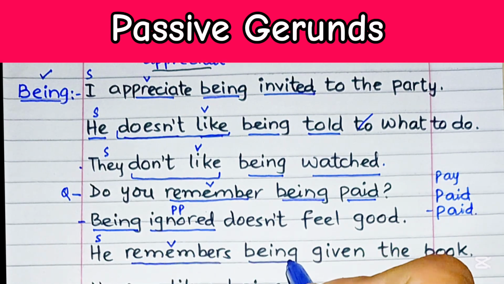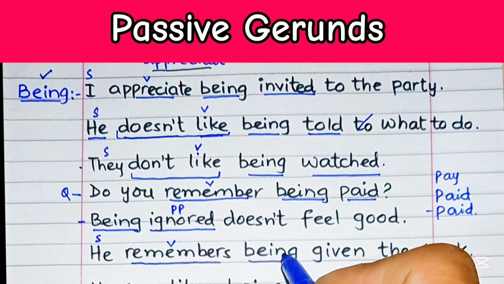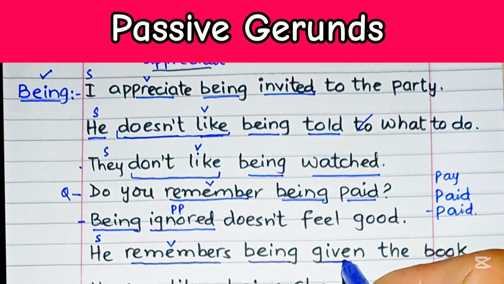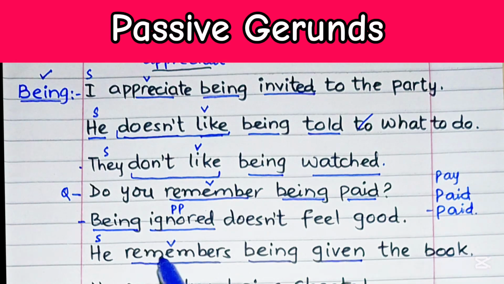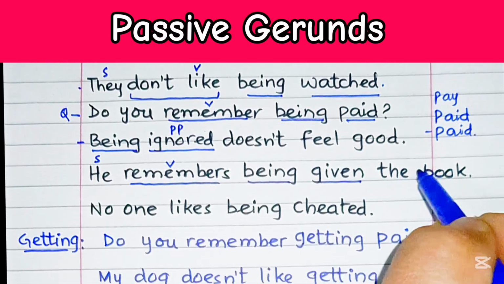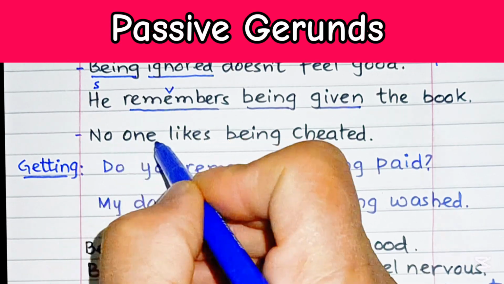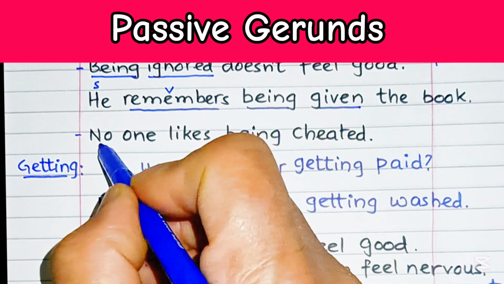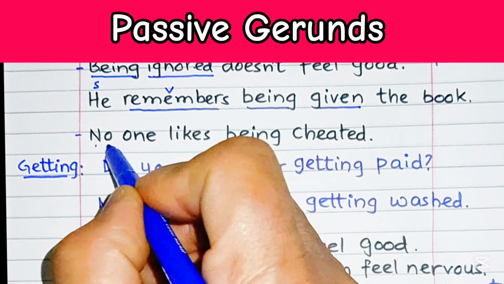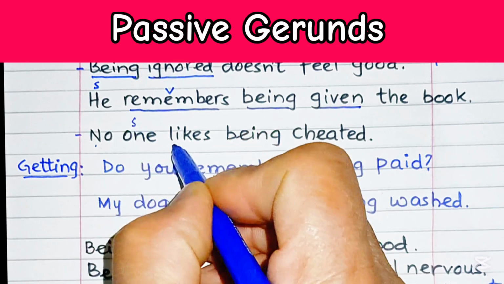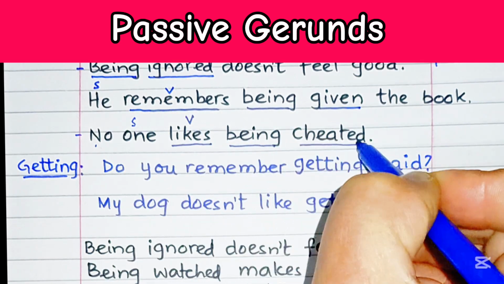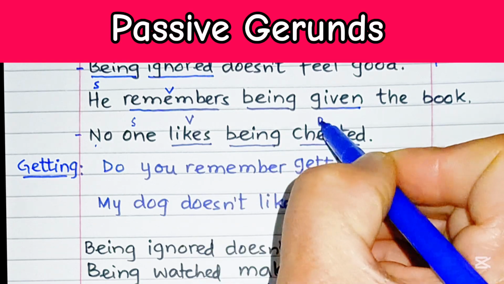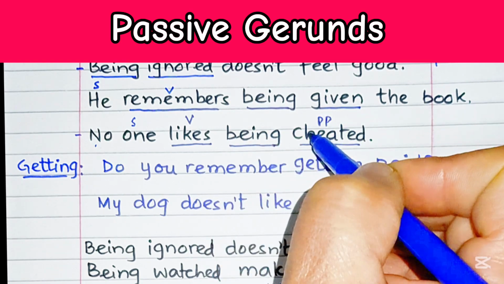Then the structure of passive gerunds, that is being and then past participle given. In this sentence, no one likes being cheated. So this is the subject, no one, and then this is the verb likes. Then this is the passive gerund followed by past participle, being cheated.